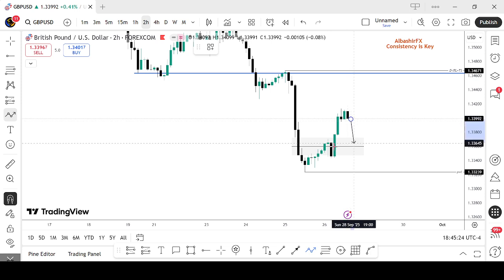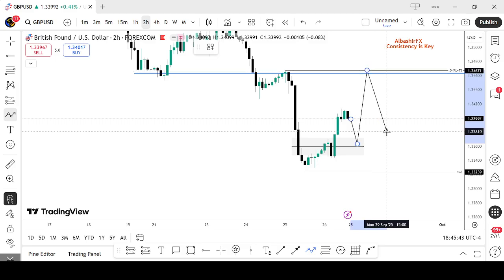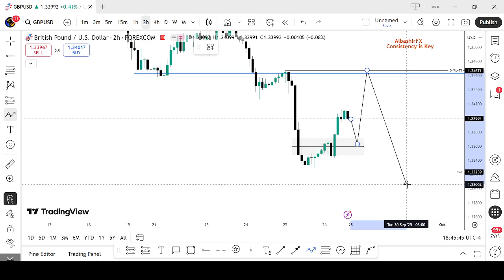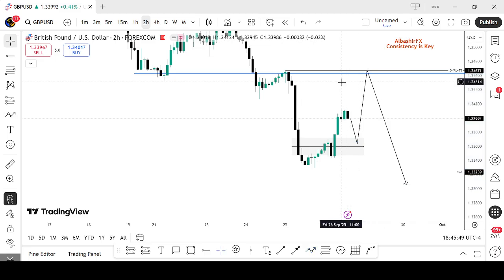Come all the way to this level, order block plus order block plus, that means we have two key levels: an order block, inversion fair value gap, and liquidity. Then take us to higher time frame premium, that is going to take us to lower time frame discount. So something like this is what I'm expecting to see on GBP.